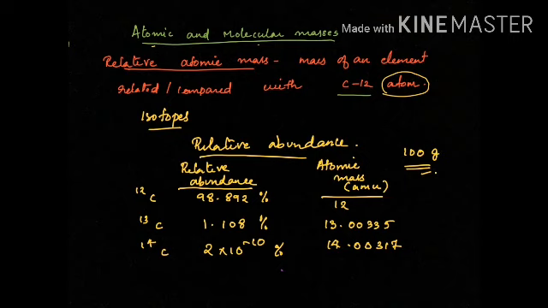Now we are going to find out the atomic mass of carbon. When finding the atomic mass of carbon, we need to consider the relative abundance and the atomic masses also. So the atomic mass of carbon as a whole will be equal to relative abundance into its atomic mass. So you will get the answer as 98.892 into 12 divided by 100 plus, because it is in terms of percentage, right?